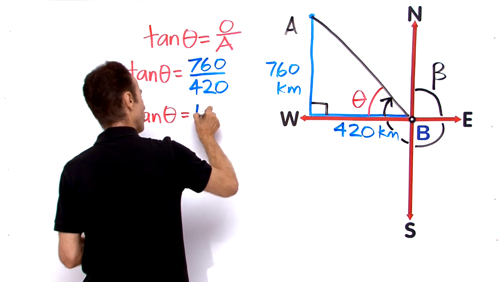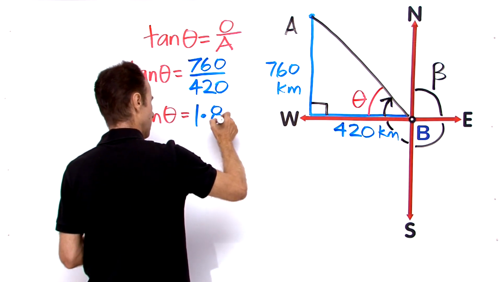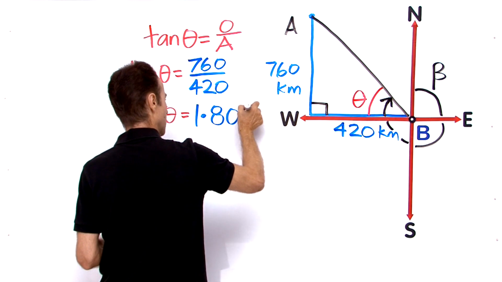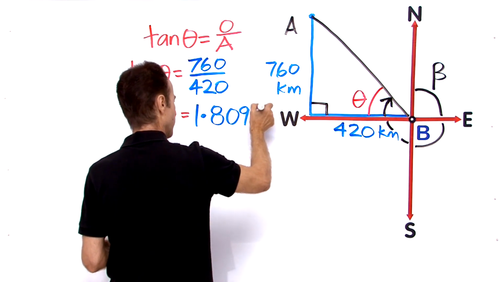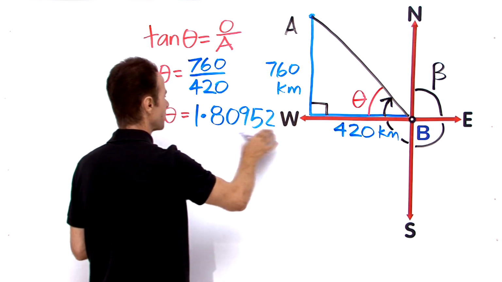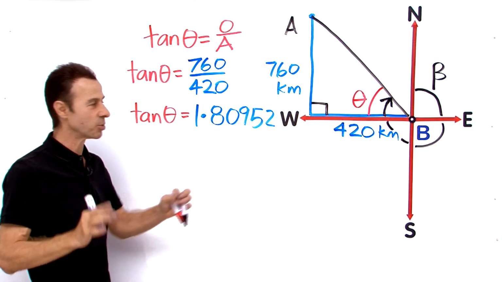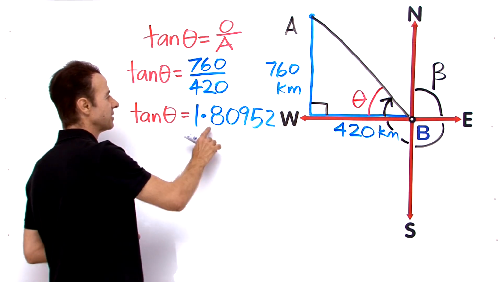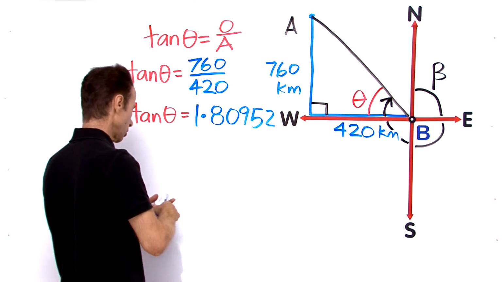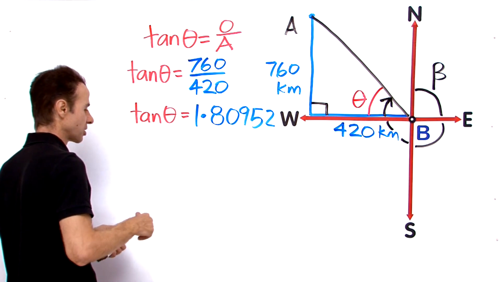That's going to give you a value of 1.80952, and you can keep going. That's enough decimal places. I like to use as many decimal places as I can. So now let's go inverse tan.